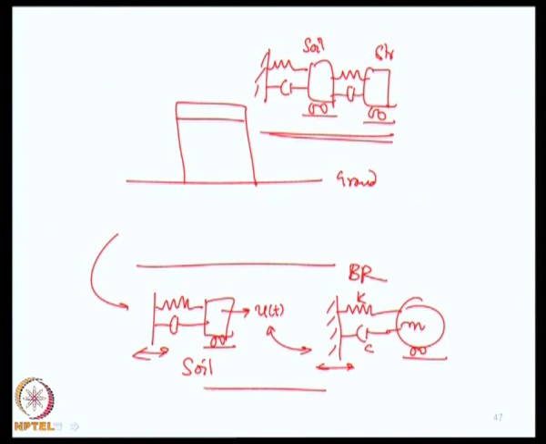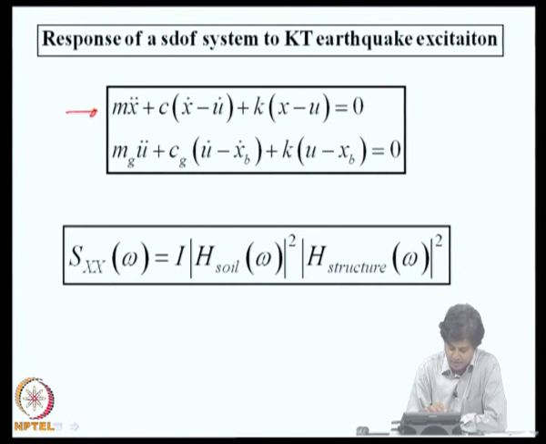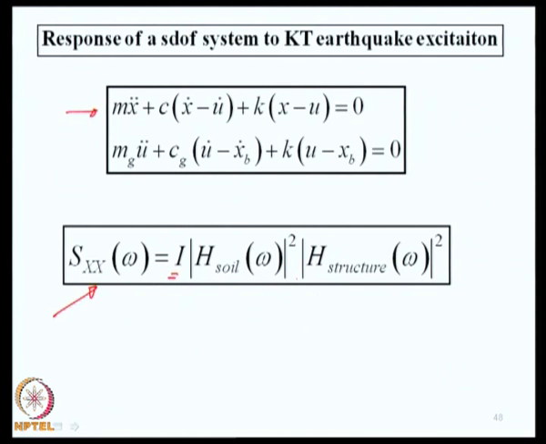If we consider this simple situation first, it is quite straightforward to deduce the output power spectral density function by simply multiplying the transfer function of the soil with the transfer function of the structure and the power spectral density at the bedrock level. So, this is the so-called cascading assumption, which can easily be implemented in this particular case. With this we will conclude this lecture.